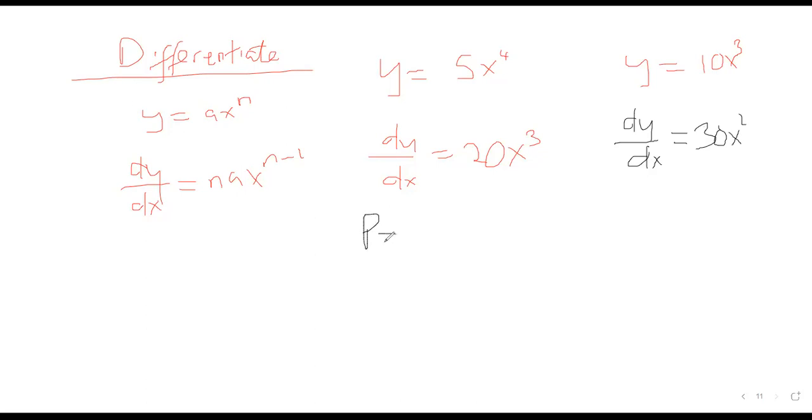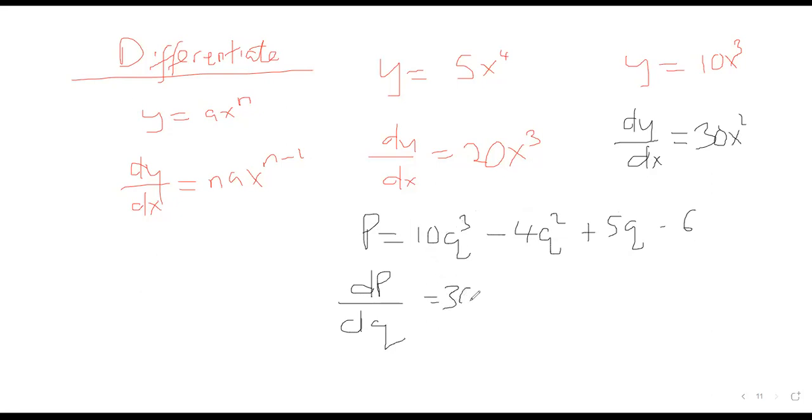Suppose there was p here. We have p equals 10q to the power 3 minus 4q squared plus 5q minus 6. Because the letter on this side is p, we're going to call this dp over dq. We multiply this one by that one.